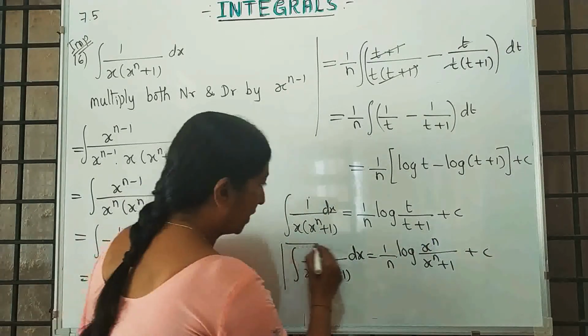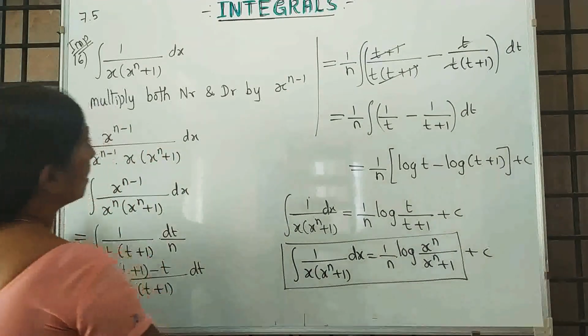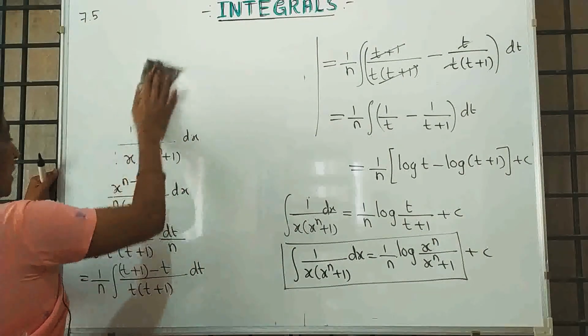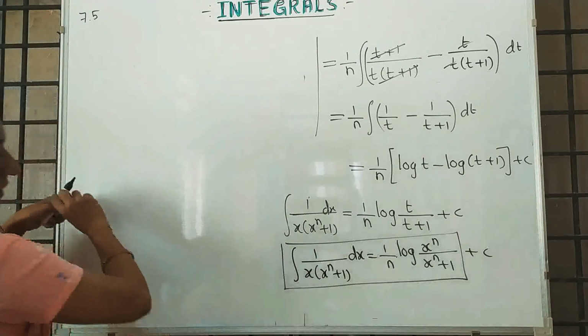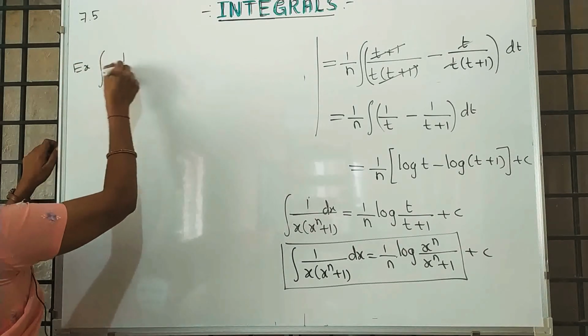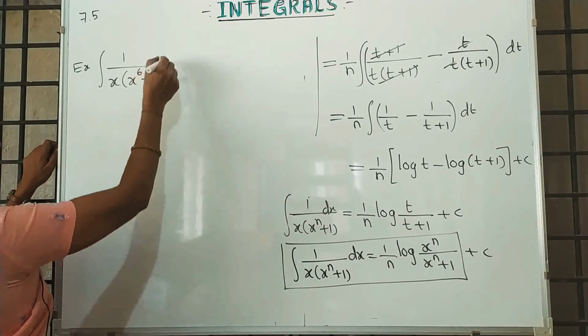See, this is a very interesting and important formula for your CET. In the theory, you have to solve all the steps, but in CET, how to write? How to apply this example? For CET, if the problem is 1 upon x into x raised to 6 plus 1 into dx.